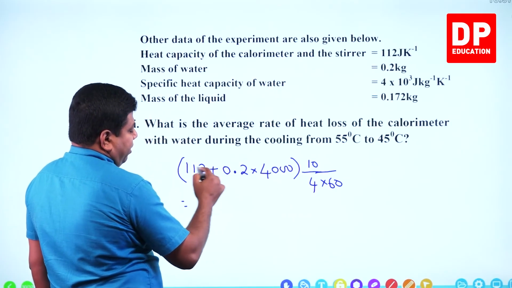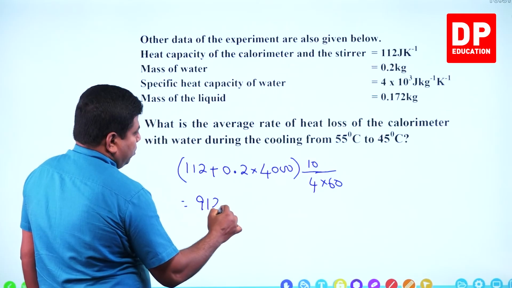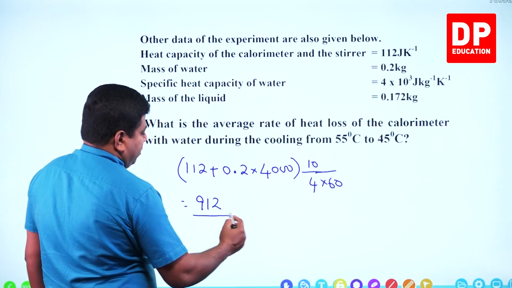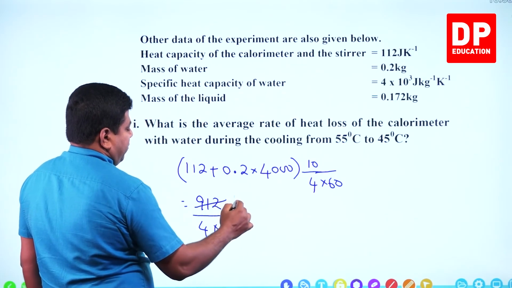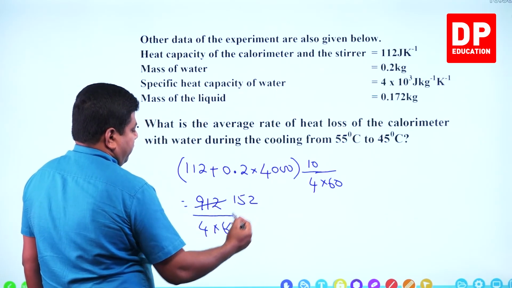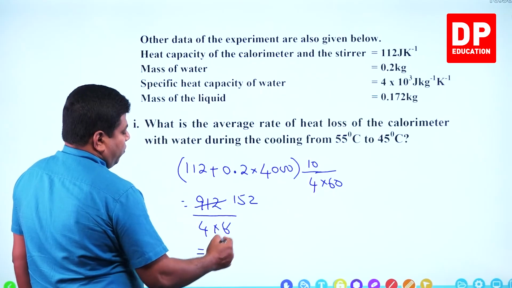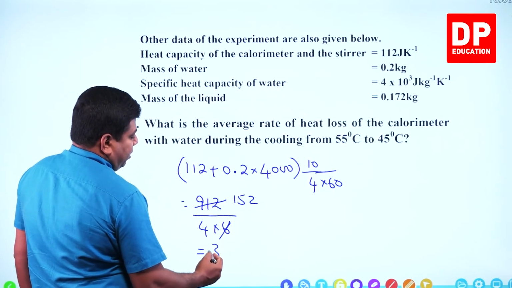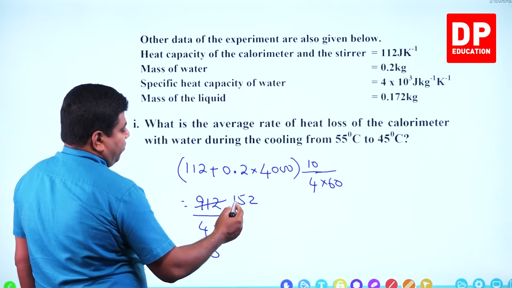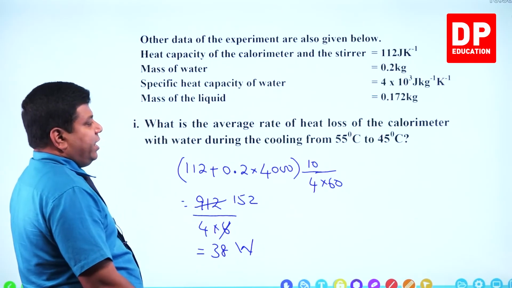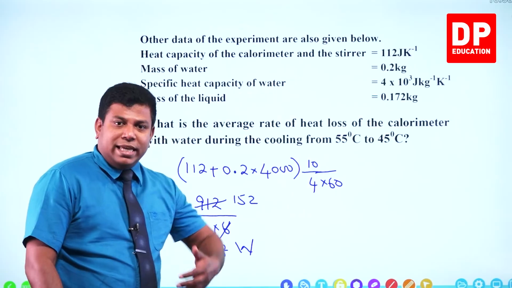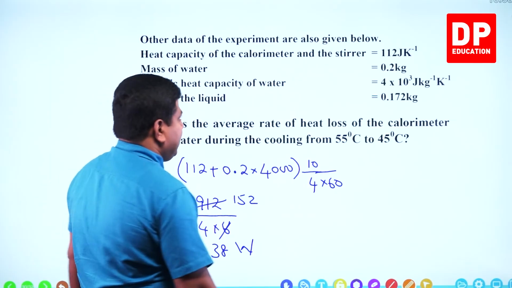So this is 38 joule per second. So you are losing heat at the rate of 38.